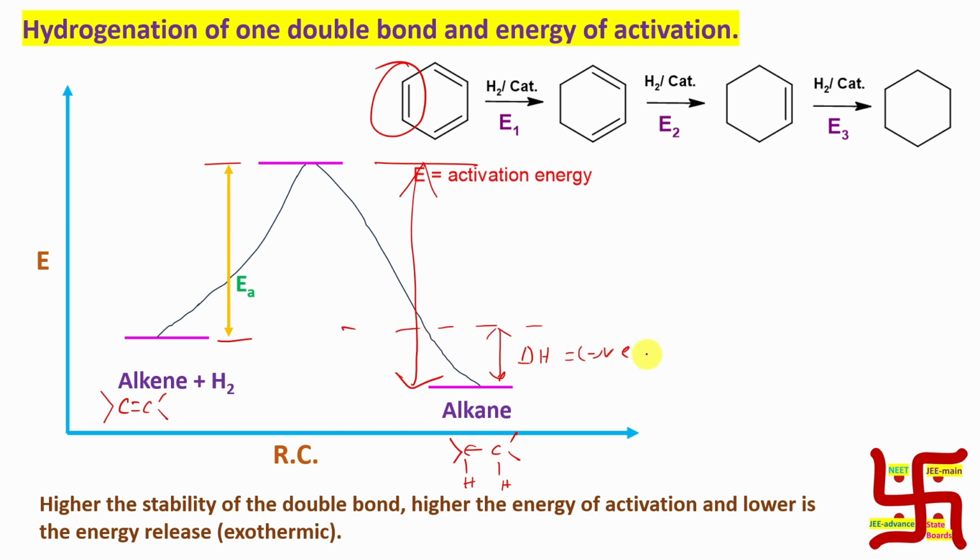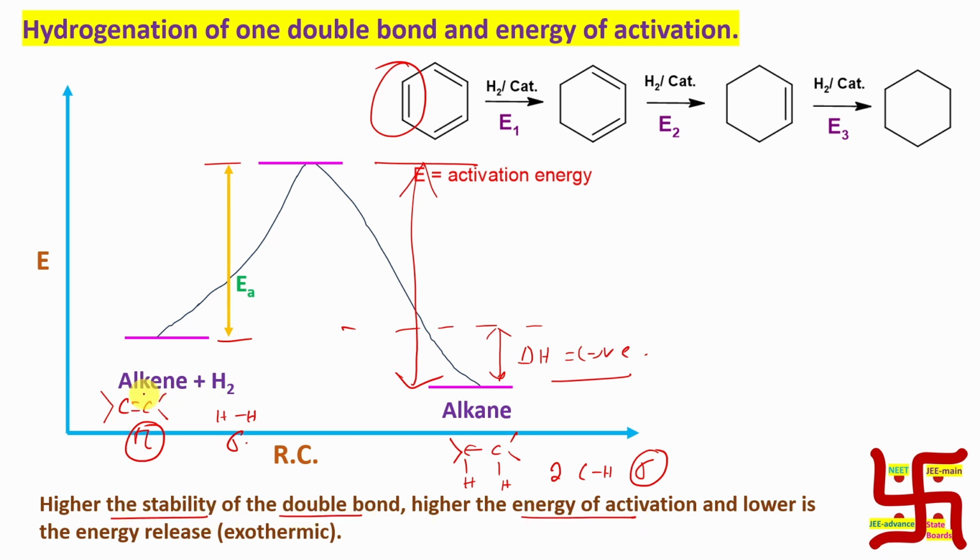Why? Because here one pi bond is broken and the hydrogen sigma bond is broken, and in the product two C-H sigma bonds are produced. And we know a sigma bond is stronger than a pi bond, so that's why this reaction releases energy, or it is exothermic.